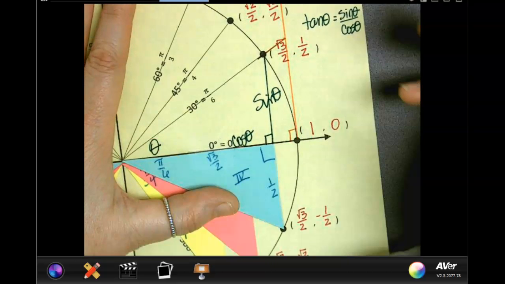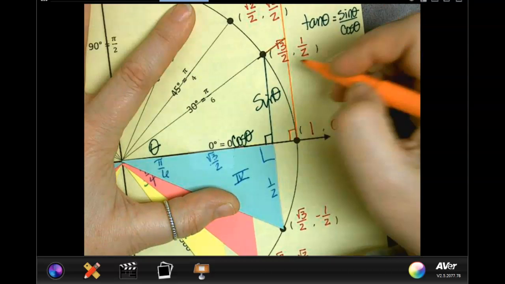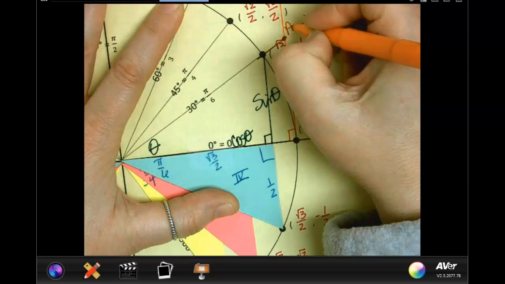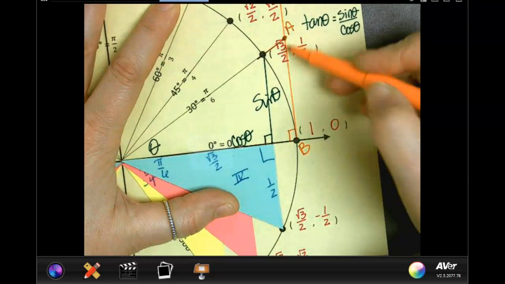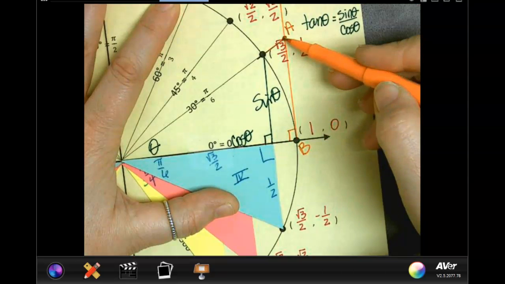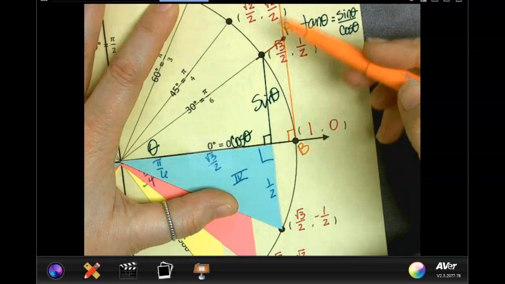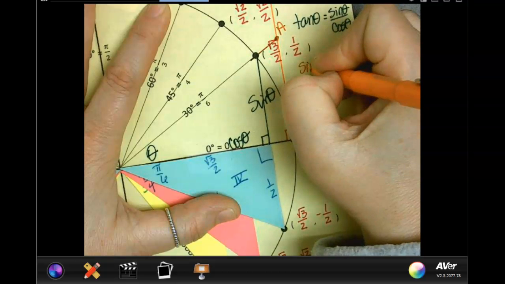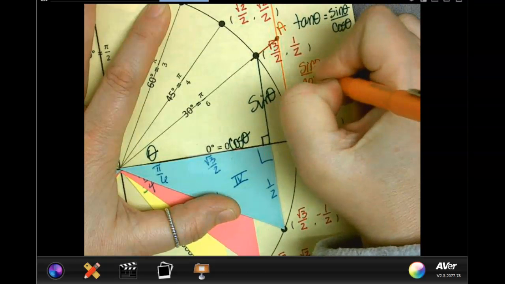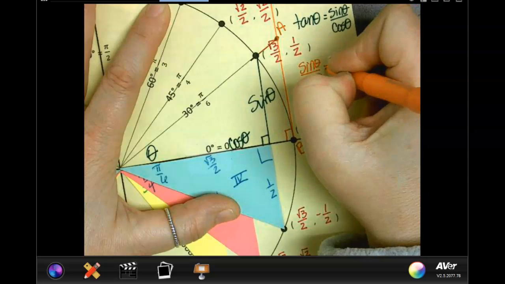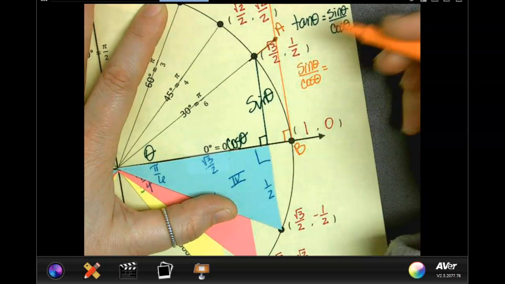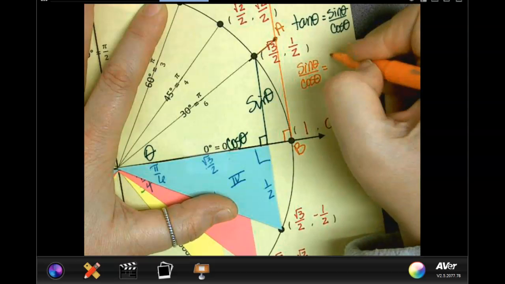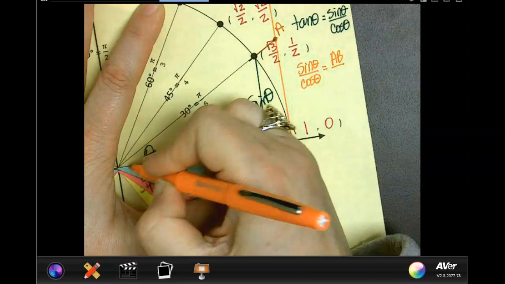If they're similar, I can set up a proportion, right? This side length right here, I don't have anything to call it, so I'm going to put a point A here and a point B here, so I can call this side length AB. Does that make sense? So to set up a proportion, I'm going to put sine over cosine. So I'm going to have sine theta over cosine theta equals, and then this side length, so sine corresponds to AB over this whole side length.